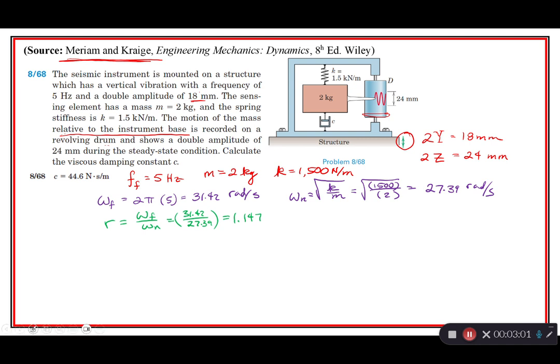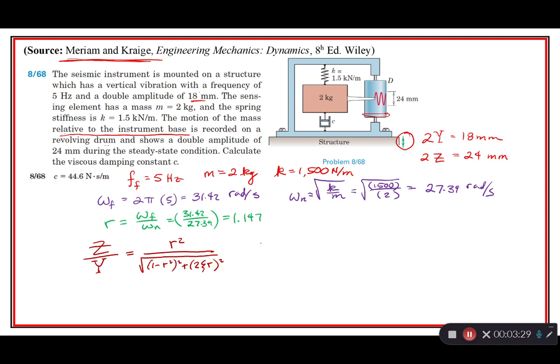And then we have some math to take care of here. So we have our main equation for this. This is a vibrometer type of deal. It's going to be R squared over the square root of (1 minus R squared) squared plus (2 squiggle R) squared.